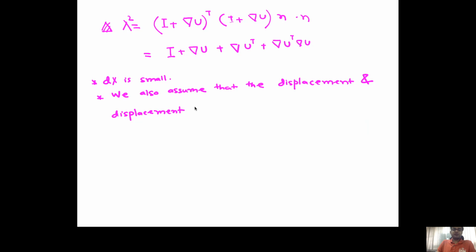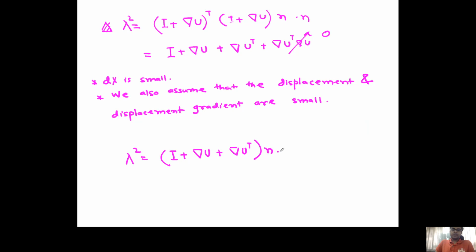We also assume that the displacement and the displacement gradient are small. And with this assumption, this term vanishes. This becomes 0. So what we have is lambda square is equal to I plus gradient of u plus gradient of u transpose n dot n. And this is basically my stretch square.